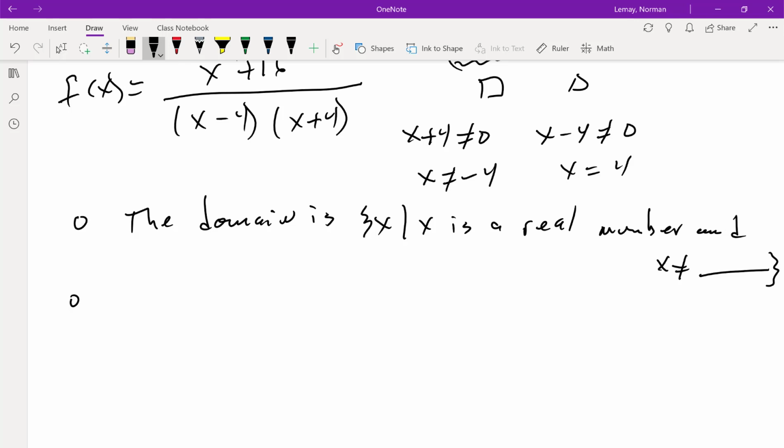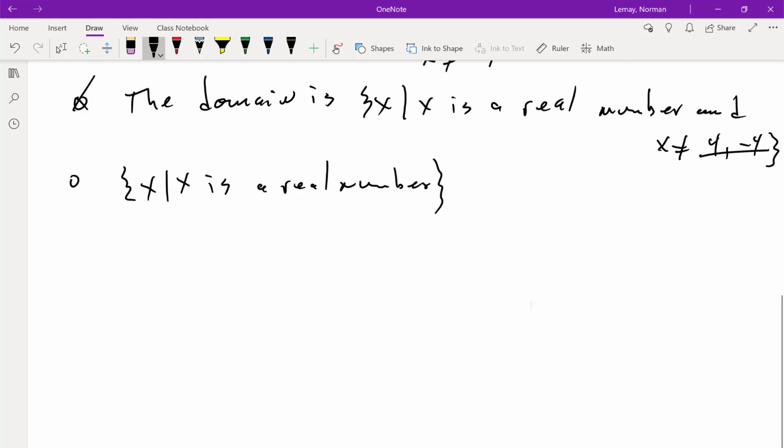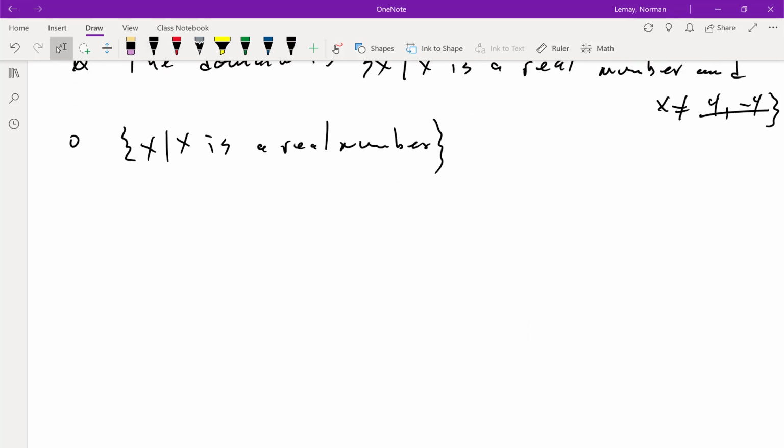Your other option is going to be something like all real numbers, or in set notation, the set of X such that X is a real number. Here we just put in 4 comma -4 in the blank, as you will be instructed to do. You'll choose this one and fill in that blank and you'll be done, unless X can be any real number.